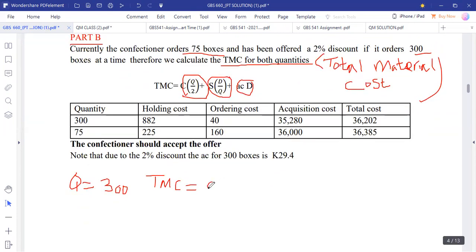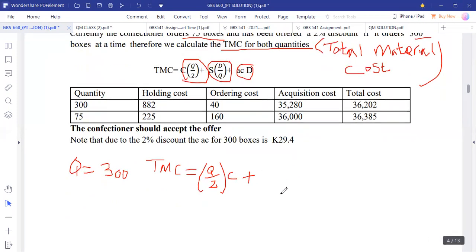It is Q over 2. Then you multiply this by C. Then plus the other one is D, which is annual demand.